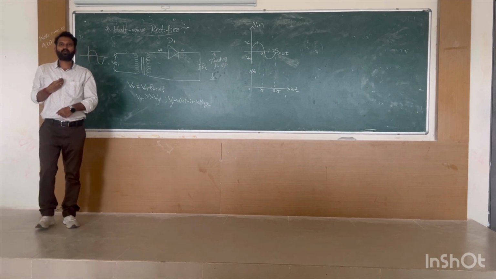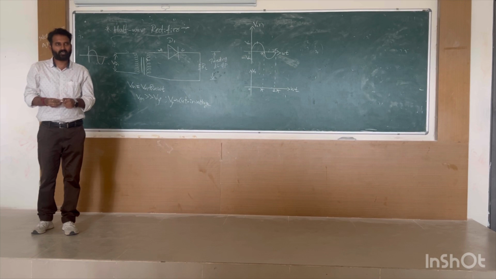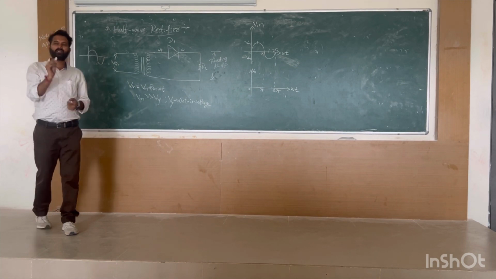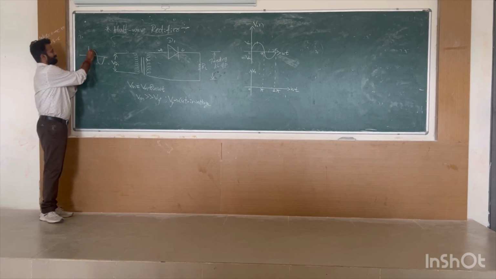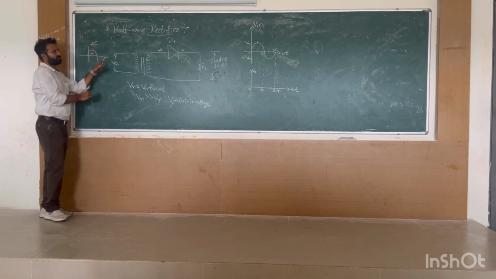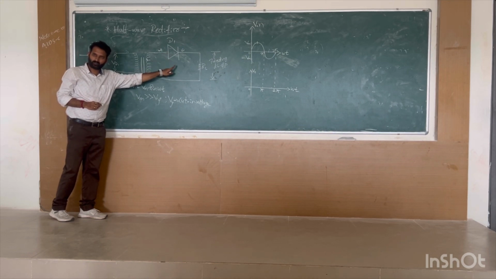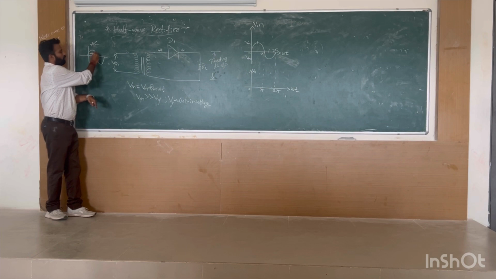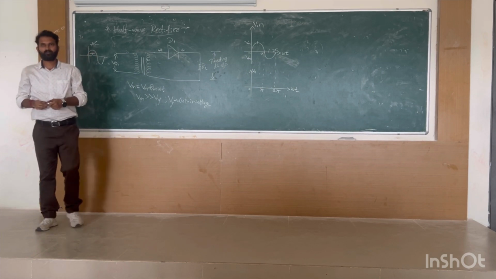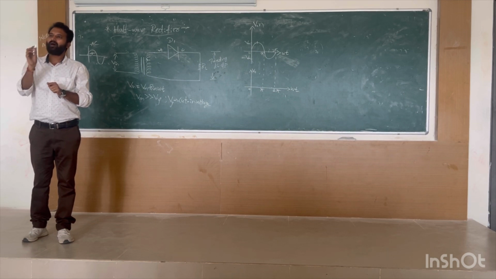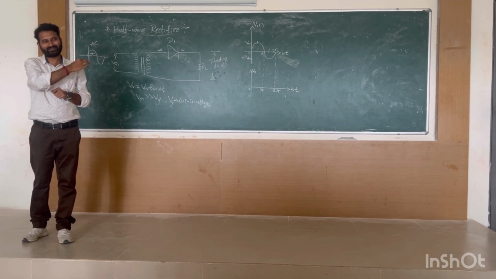It's a type of rectifier which converts AC to DC for only one half of the AC cycle. Means your diode will be in conduction mode only during the positive half cycle. Understandable? A half-wave rectifier rectifies AC to pulsating DC during only one half of the AC cycle.